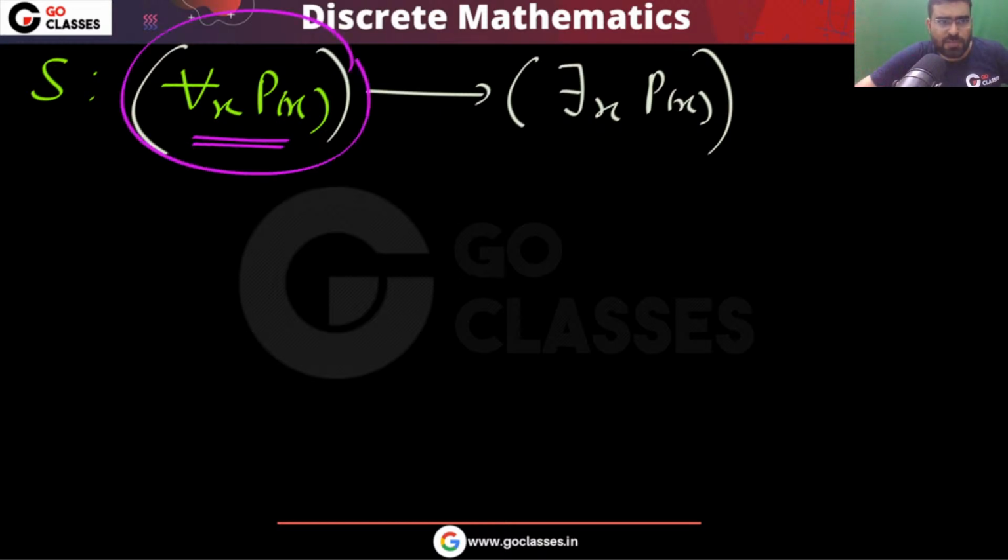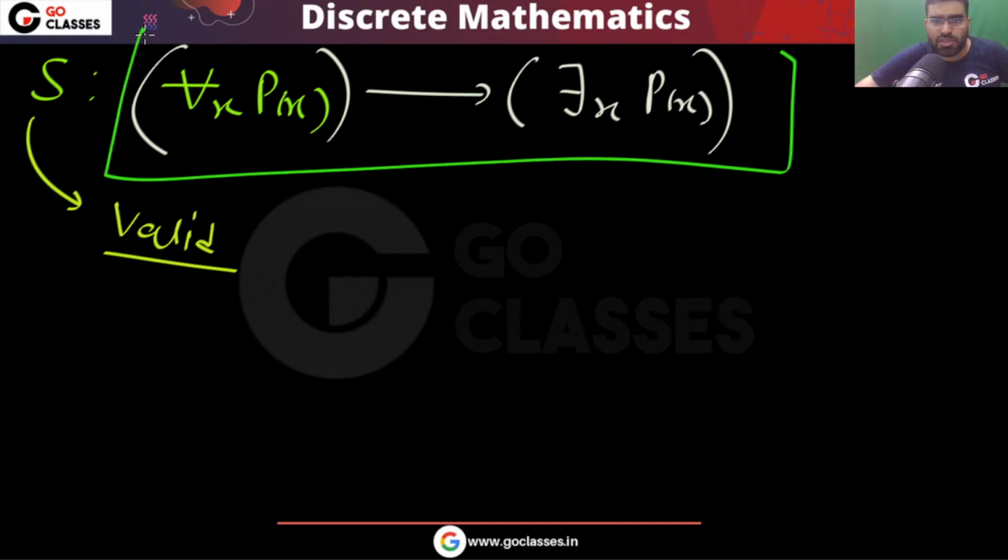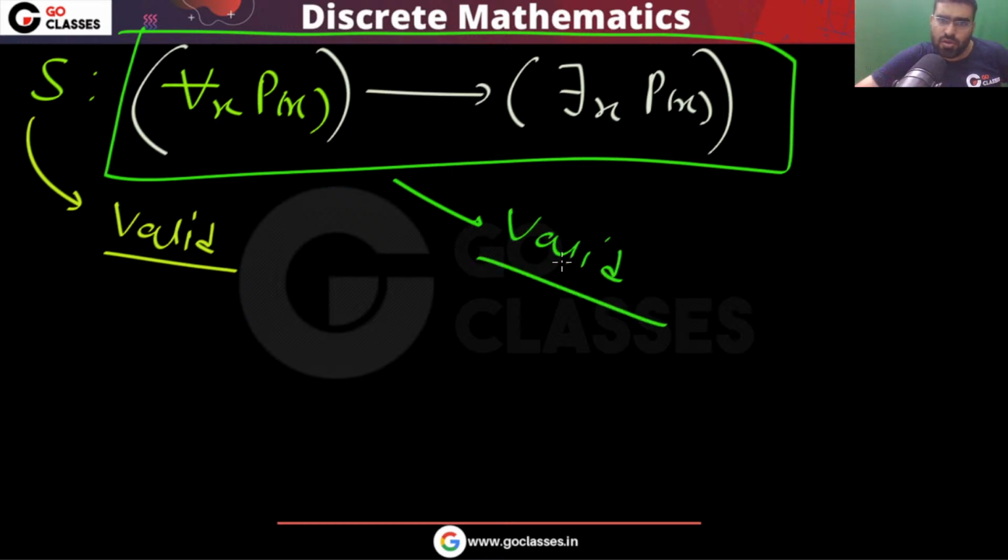If for everyone P is true, then for someone P will be true. The answer is of course. So this S is actually valid. This expression is valid because it is always true. You can easily see this.